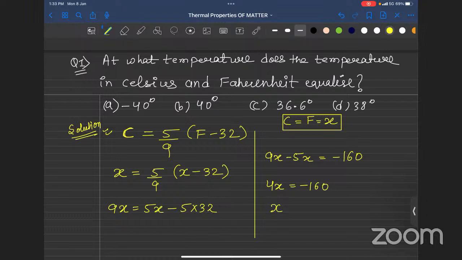So x comes out to be minus 40. Then, so our answer is what? Yeah, true. So our answer is minus 40 degrees. Okay, so it's basically a number here. Understand this.